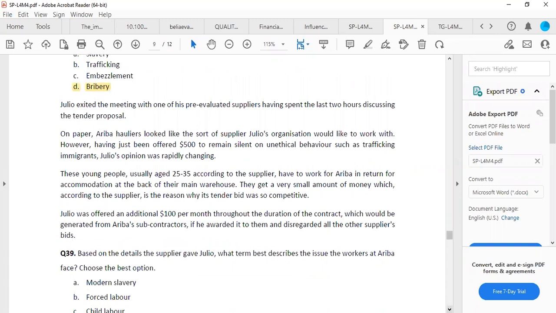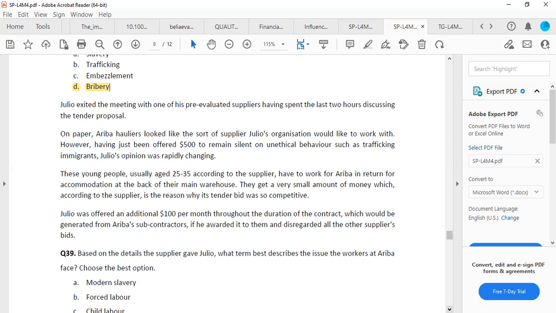Then Julio exited the meeting with one of his pre-evaluated suppliers, having spent the last 2 hours discussing the tender proposal. On paper, Ariba Hollis looked like the sort of supplier Julio's organization would like to work with.